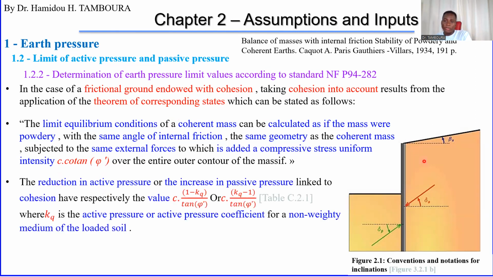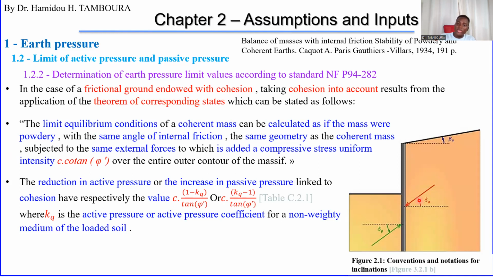Then, as I was saying, if the cohesion is strong, the cohesion is high, sometimes that cohesion will be helping the wall, stabilizing the soil mass behind the wall. So it will decrease somehow the active pressure acting on the wall. It will be like minus.